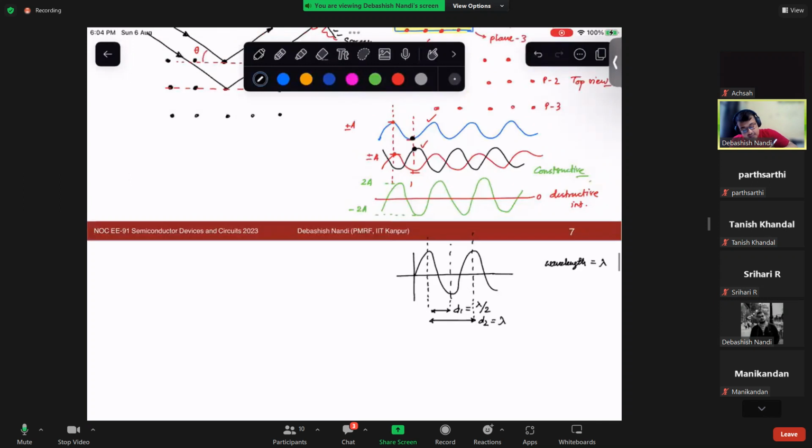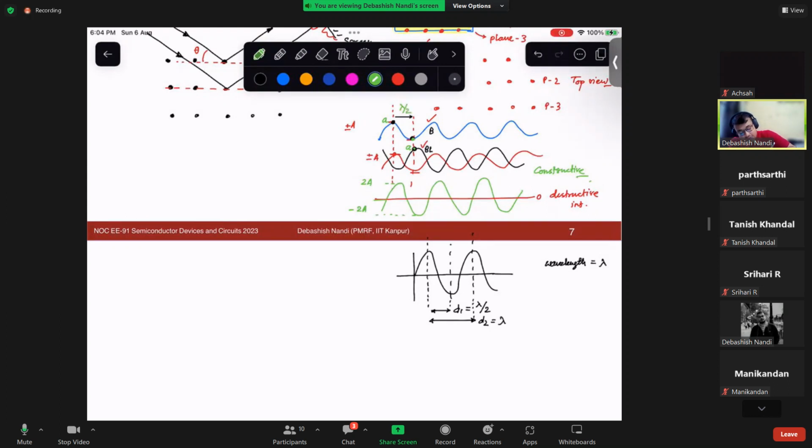So for this blue and this black wave, let's say these are the same points. This is point A, and this point A is shifted, the phase is shifted by 180 degrees. The valleys and peaks are matching, giving you destructive interference, and this shift is lambda by 2.